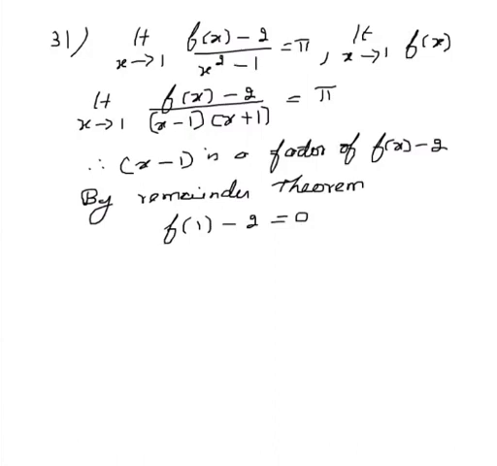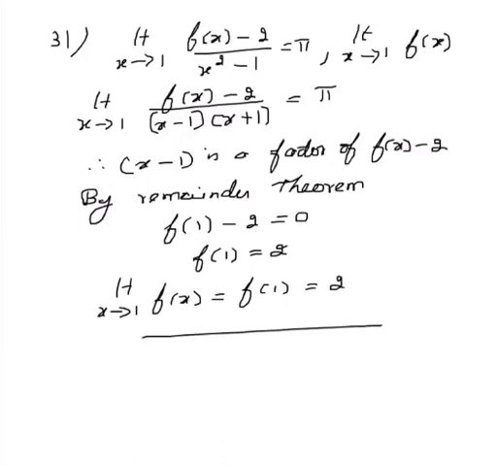The remainder should be 0 because x minus 1 is a factor. Therefore, f of 1 is equal to 2. We have to find the limit as x tends to 1 of f of x. Substitute the limit value, it becomes f of 1. And we know the answer for f of 1, which is 2. The answer is 2.